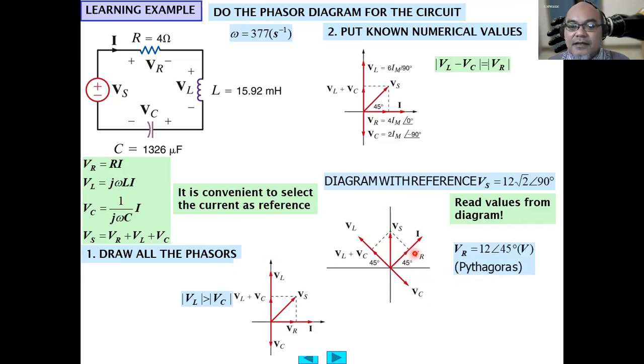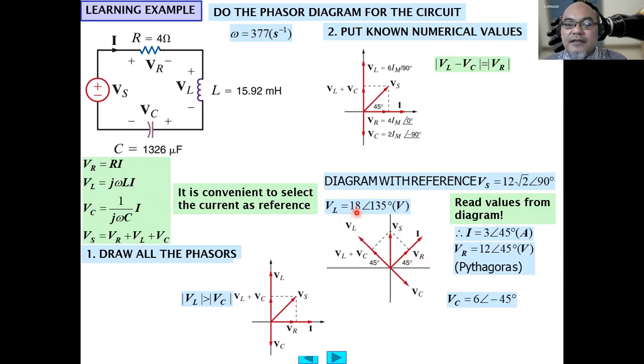The voltage VR will be equal to 12 with a phase angle of 45 degrees. The current will be equal to, in this case, 3 with a phase angle of 45 degrees. And Vc, 6 with a phase angle of minus 45 degrees.